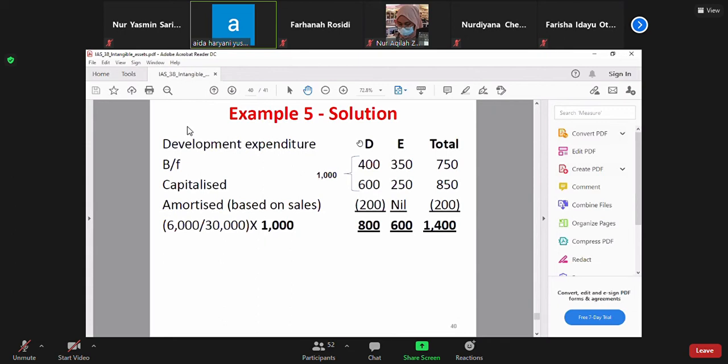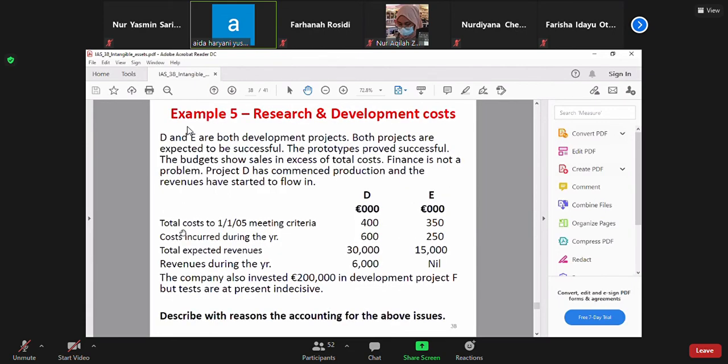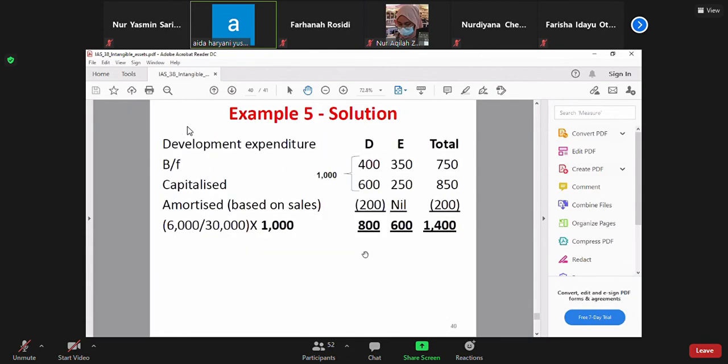But project D has started commercial production, so it will amortize based on sales. 6,000 is the revenue for year 1. This is year 1. This is budgeted sales 30,000. And then you multiply by the total research and development cost 1,000.